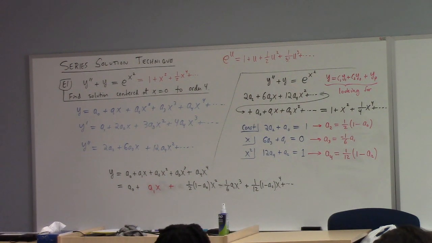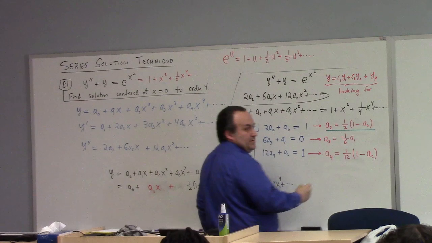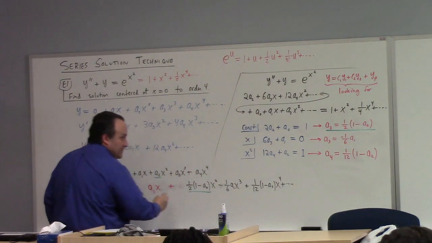Well, my A2 is 1/2 of 1 minus A naught. My A3 is equal to minus 1/6 A1. A4 is 1/12. I think it's okay. So just to do some color coding, guys, this is A2, right? So I'm replacing this term right here with that expression, okay?